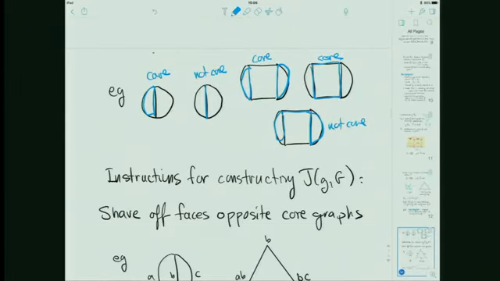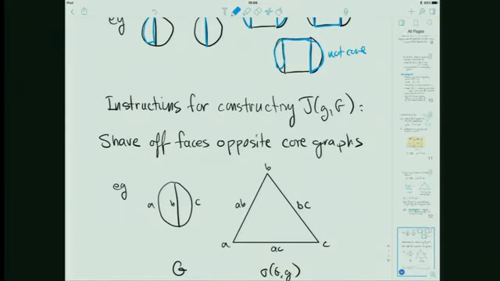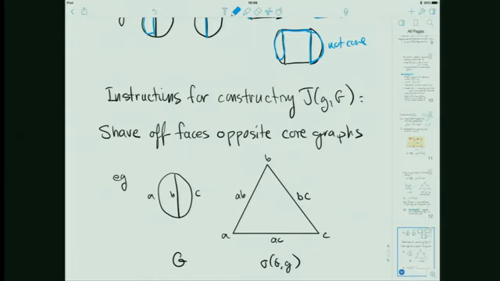And the instructions for constructing my cells are, I'm going to shave off the faces opposite core graphs. So here AB is a core graph. So there's the AB face. I'm not going to cut that off. I'm going to cut off the opposite face.